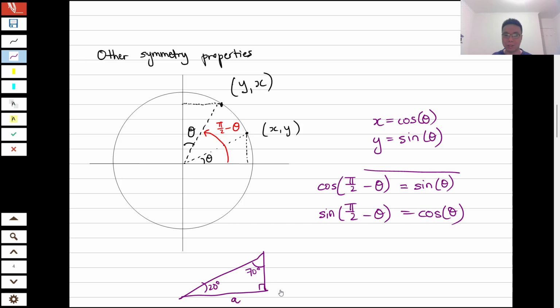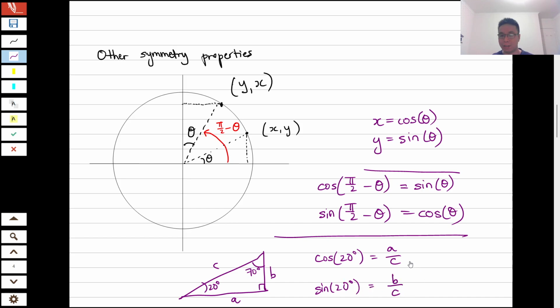And I called these shorter side lengths A, B, and C. In this triangle, cosine of 20 degrees would be equal to A over C, and sine of 20 degrees would be B over C. Conversely, if I took the cosine of 70 degrees, I'd get B over C, and sine of 70 degrees is A over C.